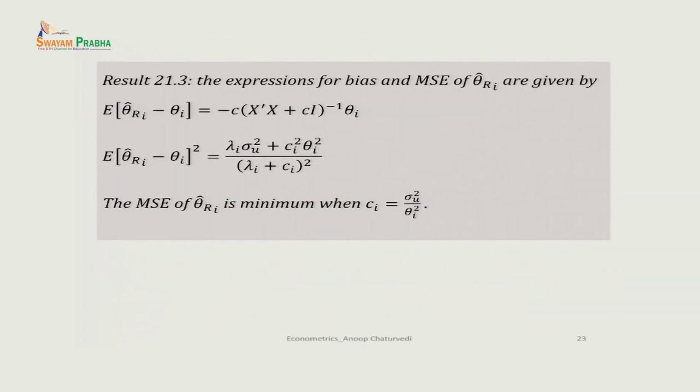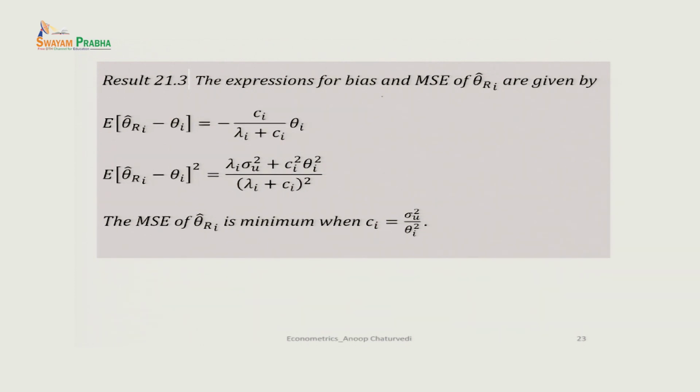Then the expressions for the bias and MSE of theta hat r i are given by: the bias, expectation of theta hat r i minus theta i, is equal to minus C i upon lambda i plus C i times theta i, and the MSE, expectation of theta hat r i minus theta i whole square, is equal to lambda i sigma square u plus C i square theta i square upon lambda i plus C i whole square.